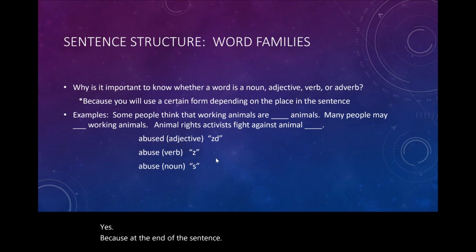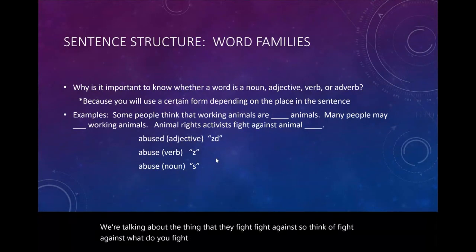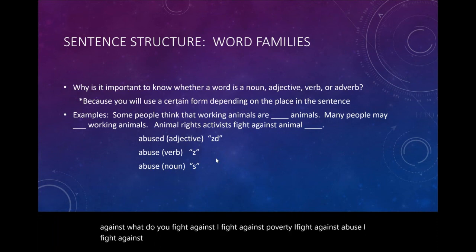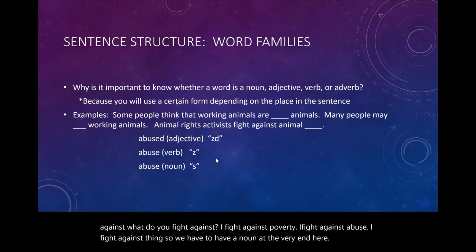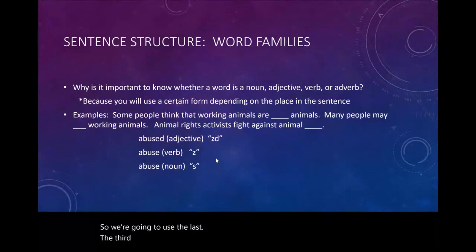Yeah, we're talking about a thing that they fight against. So think of fight against, what do you fight against? I fight against poverty. I fight against abuse. I fight against a thing. So we have to have a noun at the very end here. So we're going to use the third option, abuse, animal abuse.